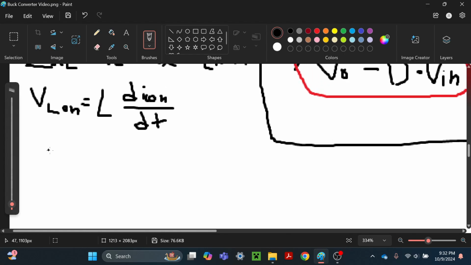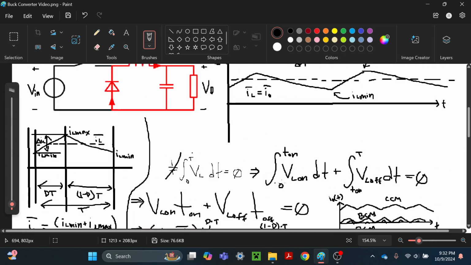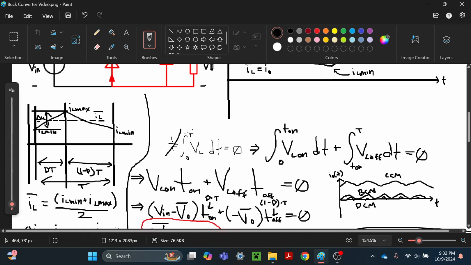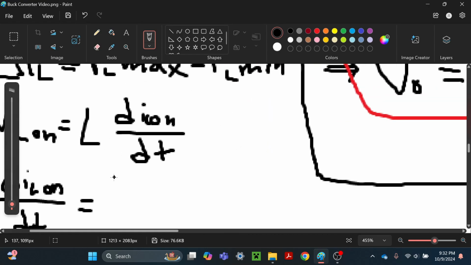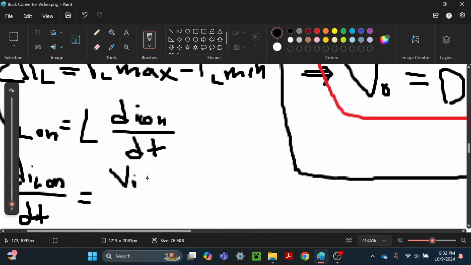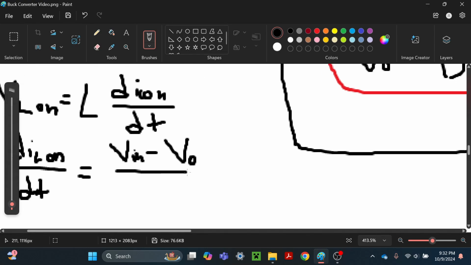So then from that we can calculate that diL on/dt is equal to VL on, remember for the on period, is V in minus V out. So this is equal to V in minus V out divided by L.